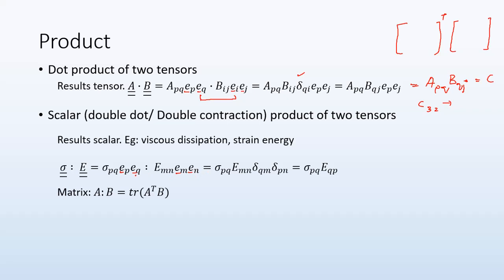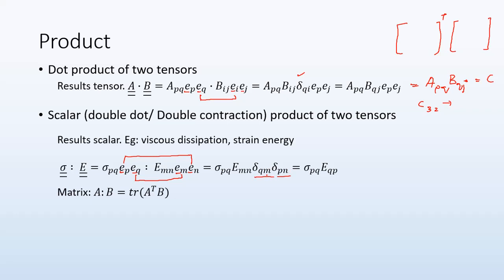So when I take the double dot product, e_Q is dotted with e_M and e_P is dotted with e_N. When I dot product e_Q with e_M, I will get delta_QM, and e_P with e_N I will get delta_PN.